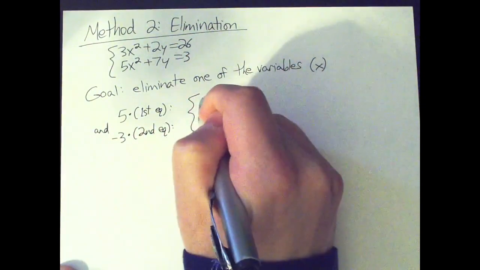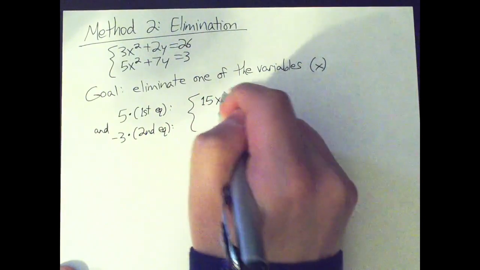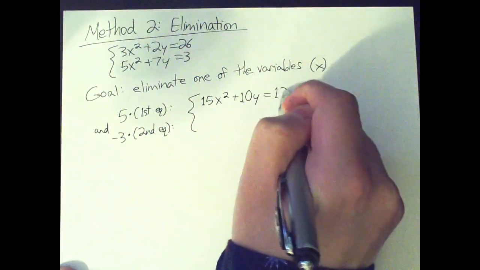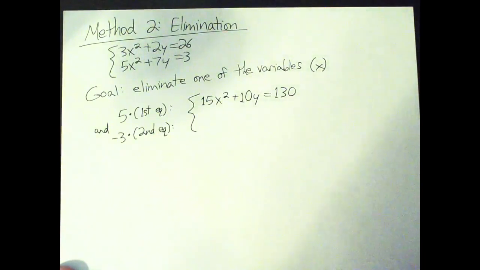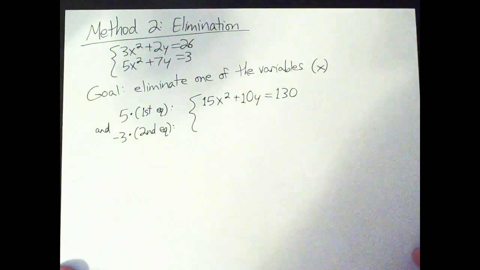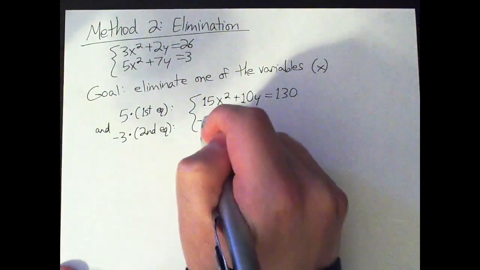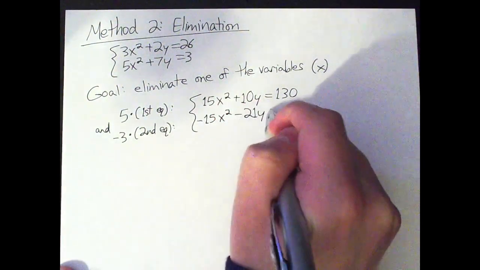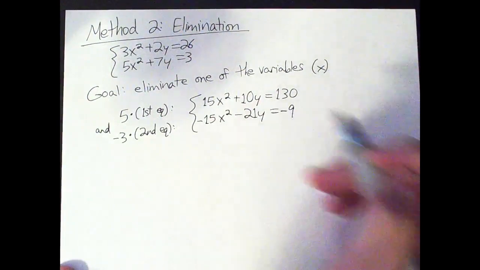So the first equation becomes 15x squared plus 10y equals 130. The second equation becomes -15x squared minus 21y equals -9.